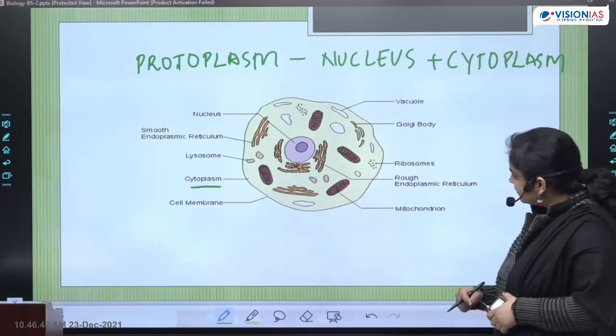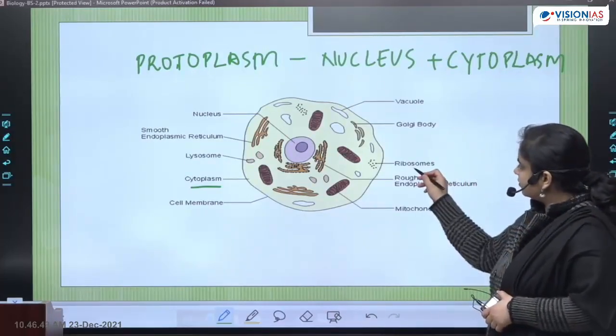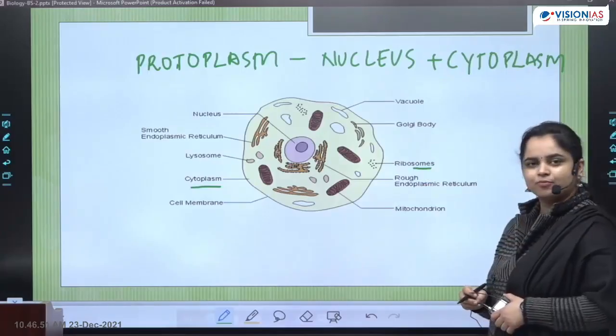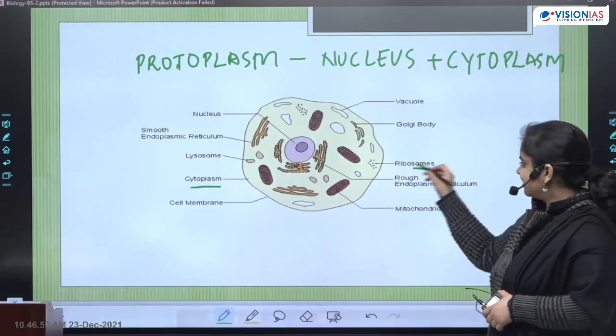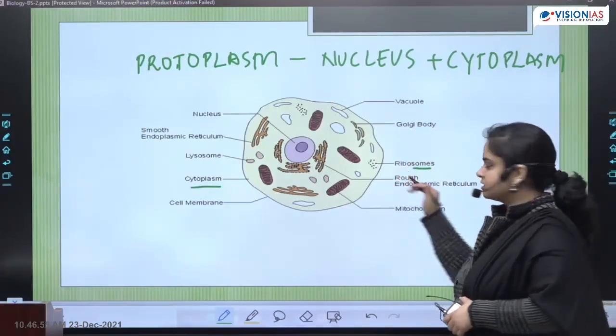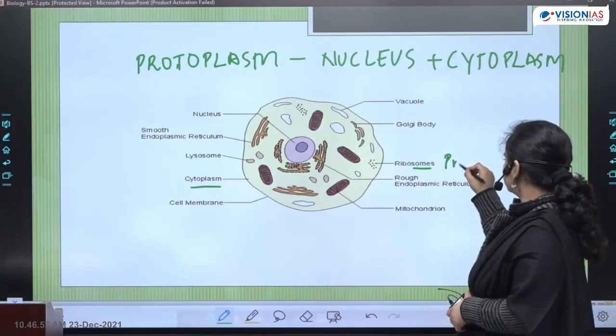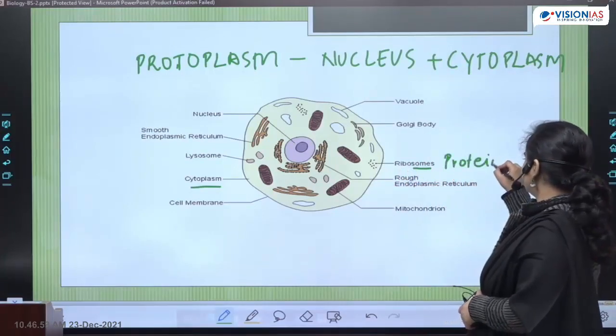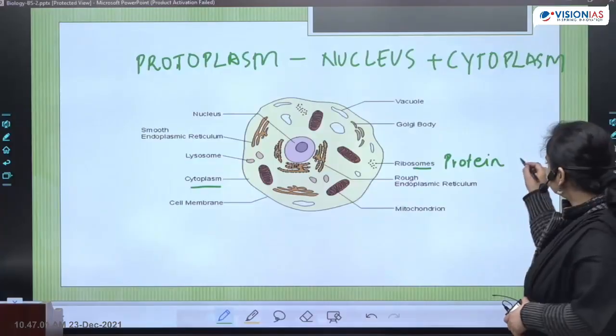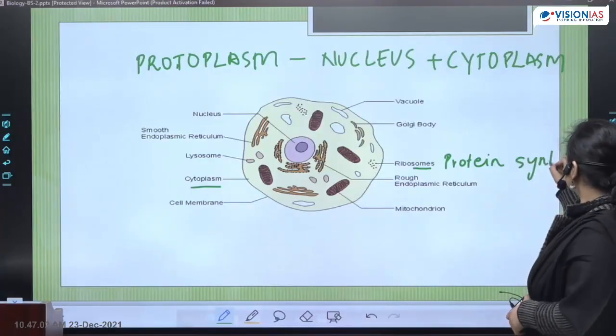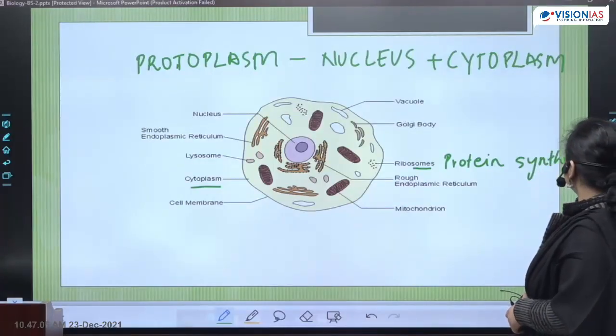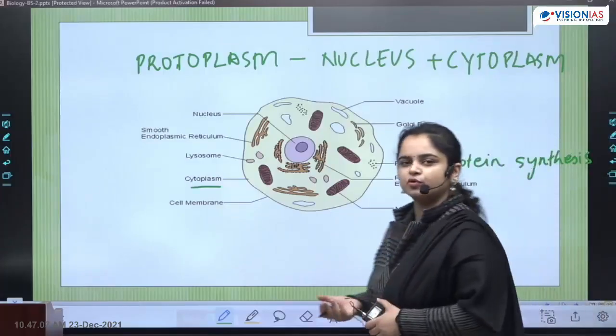After this, we will first talk about the ribosomes. Ribosomes are small structures whose job is to produce proteins. We call this protein synthesis, synthesis of proteins or production of proteins.